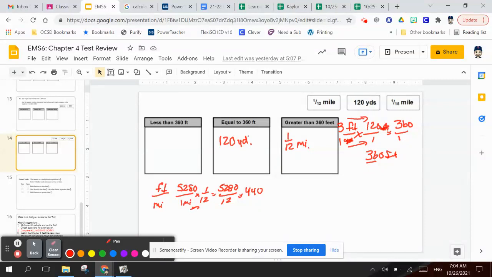So then we look at our last one, which is 1/15 of a mile. So I'm going to go back over here to where all of my information was. I know that there's 5,280 feet in 1 mile, and I have 1/15 of a mile.